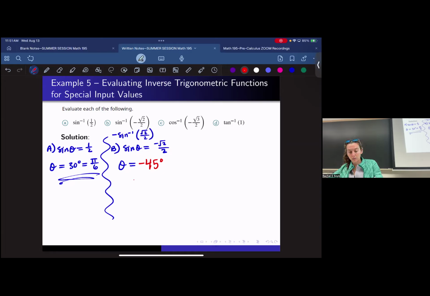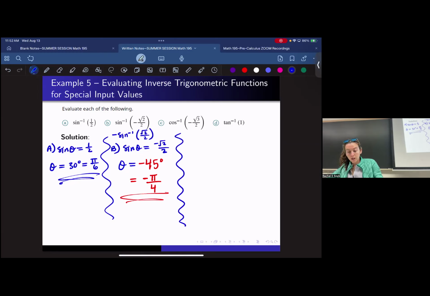In terms of radians, what is this? Negative pi over. Right, let's keep going.